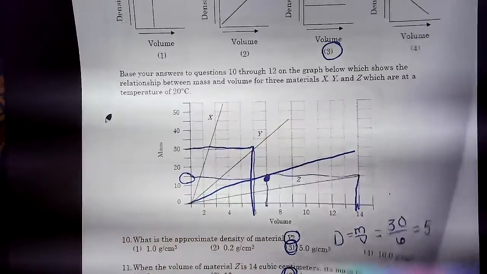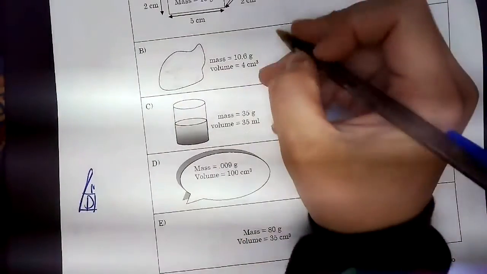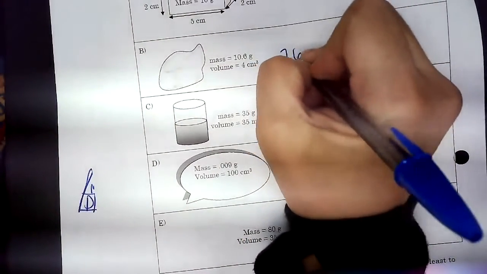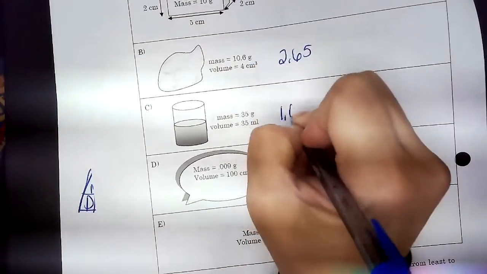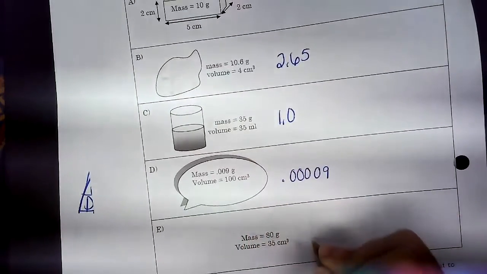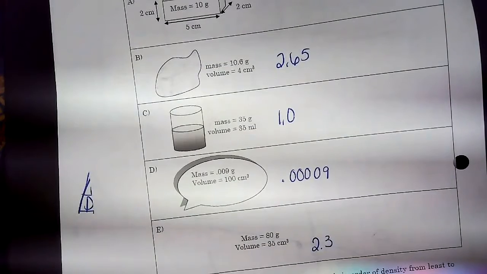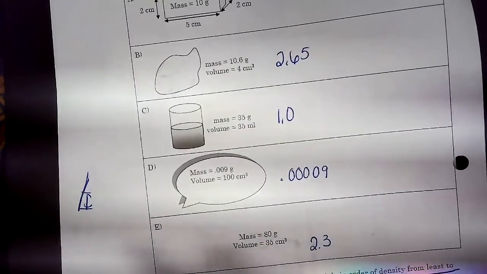And you had one more page. Some of these were actually all super easy. Mass divided by volume, you should have got 2.65, 1.0, 0.1, 2, 3, 4 zeros and a 9, and 2.3. Then put them in order from least to most.